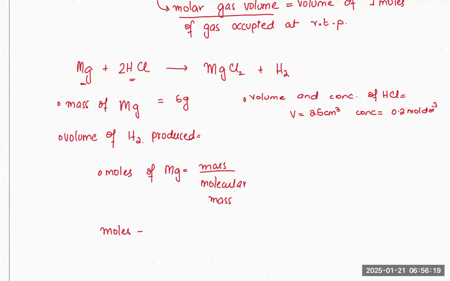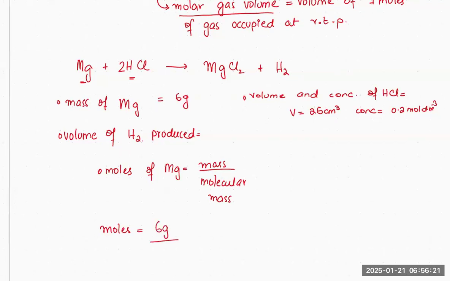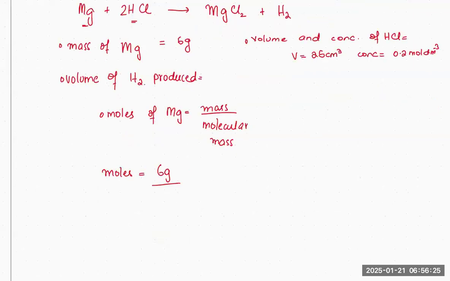Your molecular mass or MR that we can use is, I think, 24. Please check the periodic table and let me know if I'm wrong, but I think magnesium is 24. So 6 divided by 24 is going to give you 0.25.